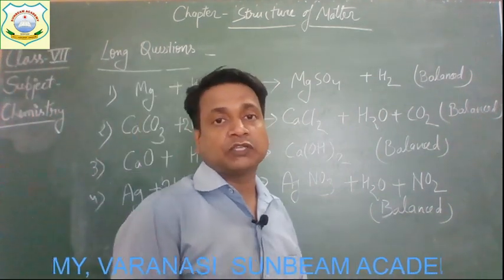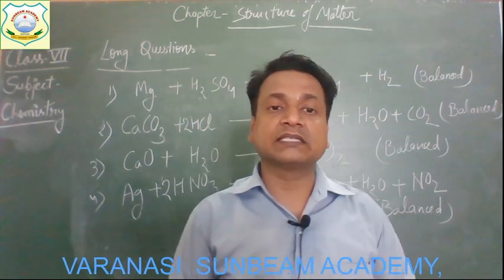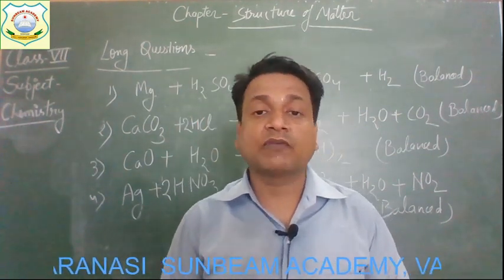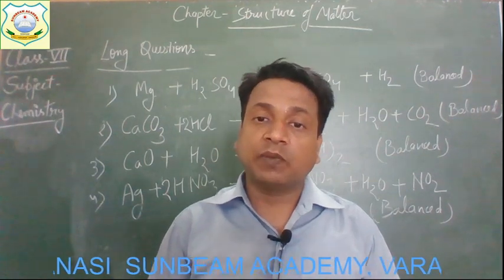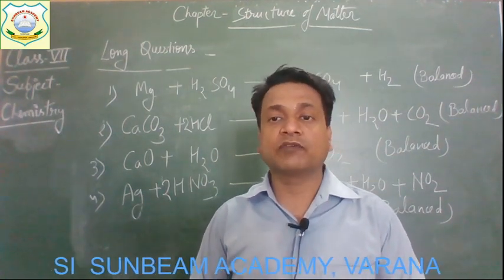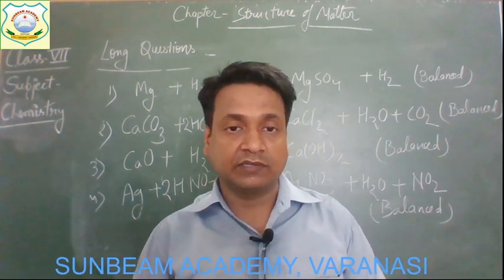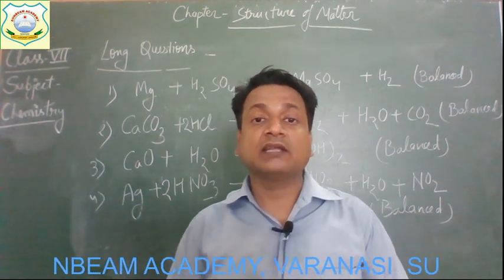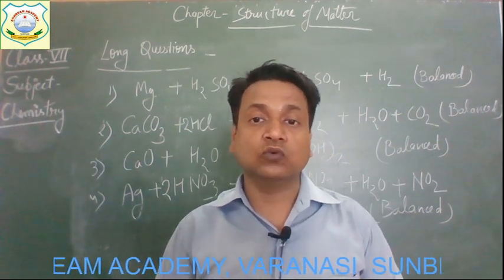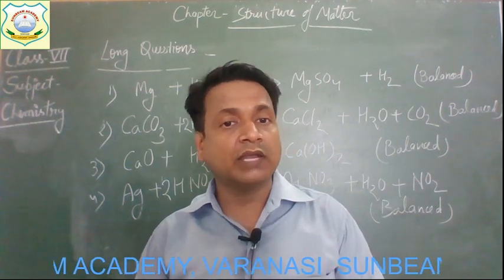Now come to the next question, that is question number 6. Using the example of calcium chloride, explain how the formulae of compounds are derived. And it's given that the valency of calcium is 2 and that of chlorine is 1.